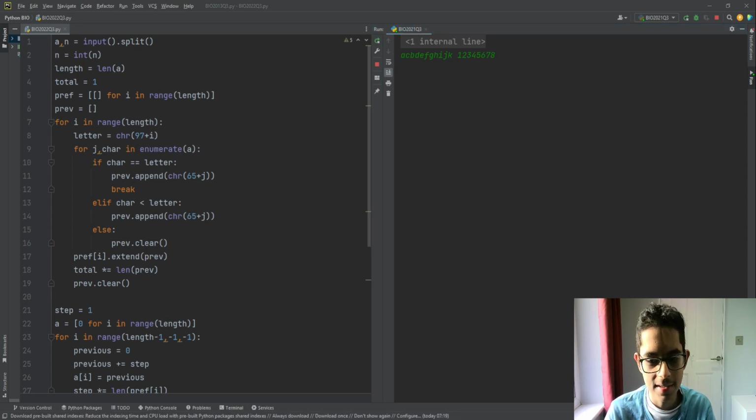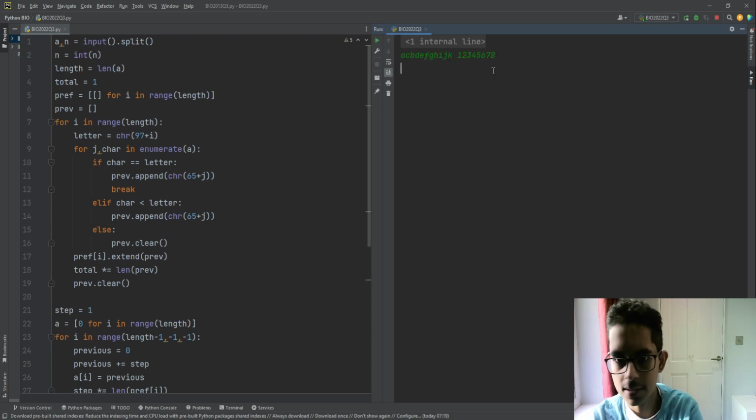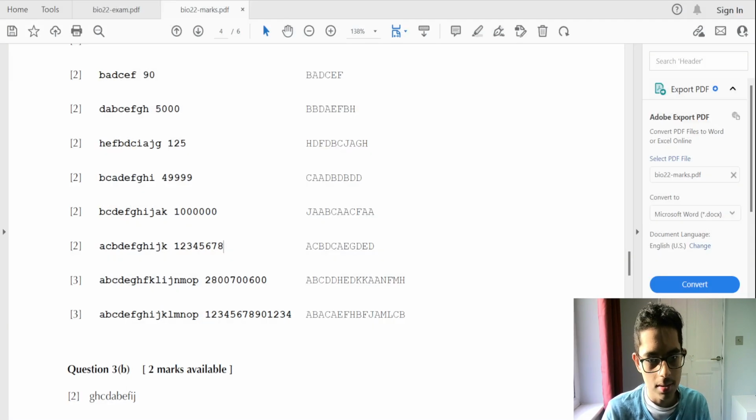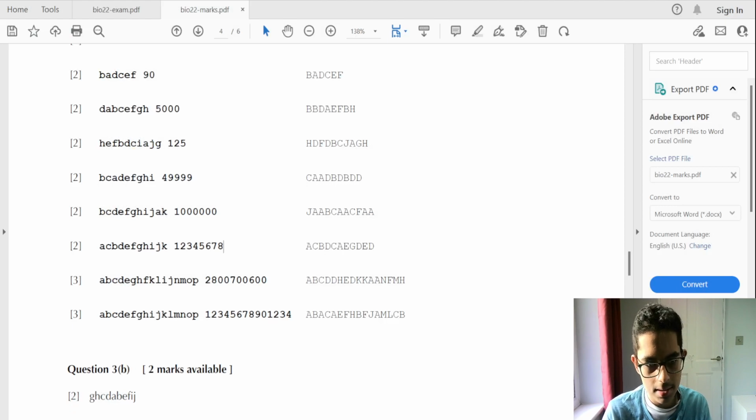So, okay, let's just run the correct one first of all. Okay, now let's see if our code works. It outputs this. Now if we go back to the mark scheme, we can see that that is exactly correct.